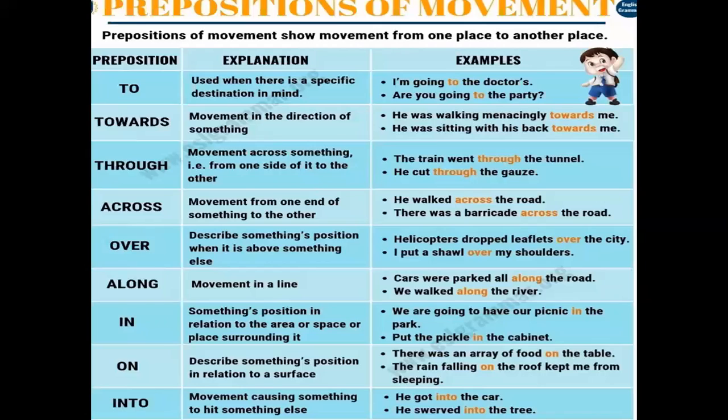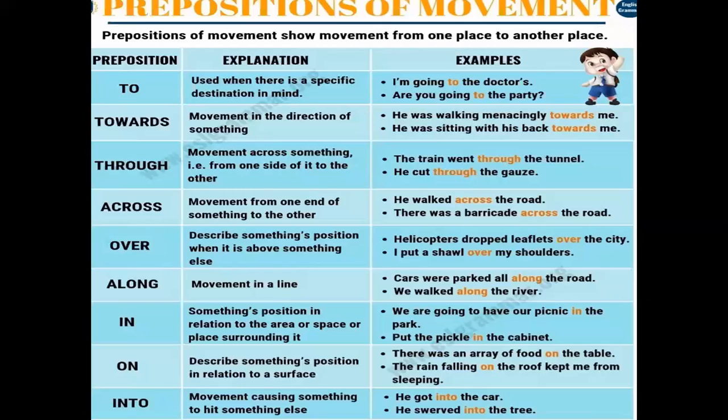Now the difference between in, on and into. In we use when you are saying the position in relation to the area or space or any place which is surrounding it. Like, we are going to have a picnic in the park. So the park is an enclosed area, or the park has a surrounding all around it.